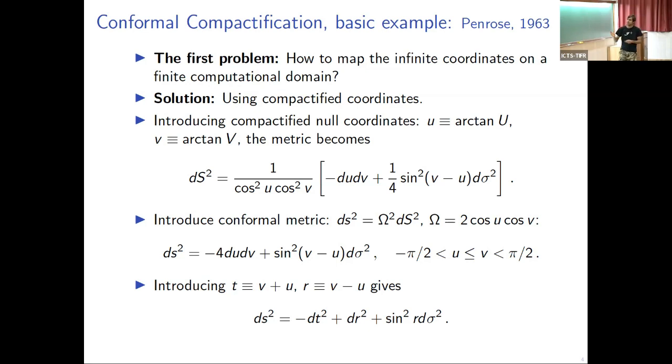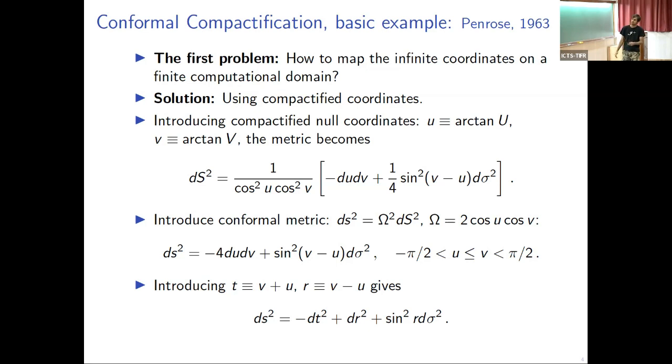So all the coordinates in this metric have a finite domain, but the problem is that as u or v goes to pi by 2 or minus pi by 2, this factor blows up. To regularize this metric, we introduce another metric, which we call the conformal metric, denoted by d small s squared, which we define as omega squared times big S squared, and omega is given by this.